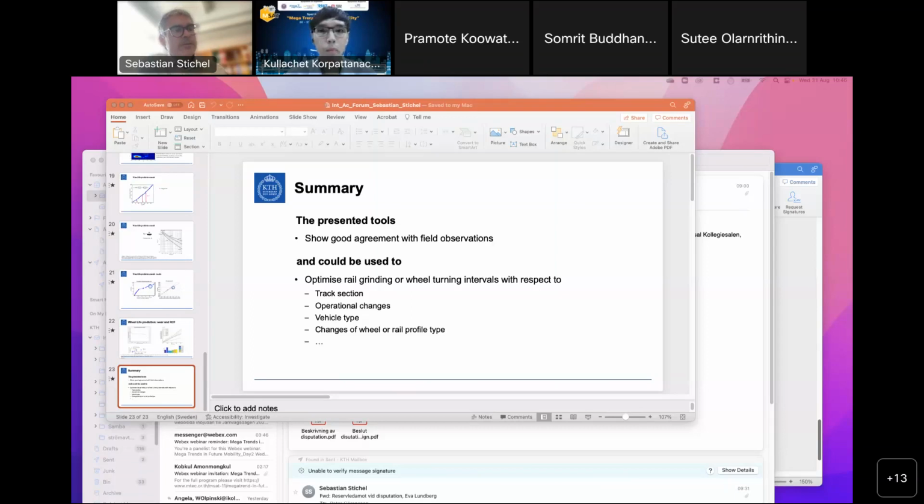So the main influences are, on one hand, definitely the vehicle design, the type of running gear you have, especially when you have relatively curvy lines, but also the wheel rail profile combination is extremely important, because that determines where you have the contact patch, how big the contact patch is, and which stresses in the contact you get. So these are very important factors.